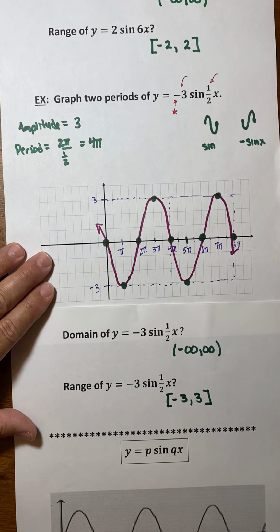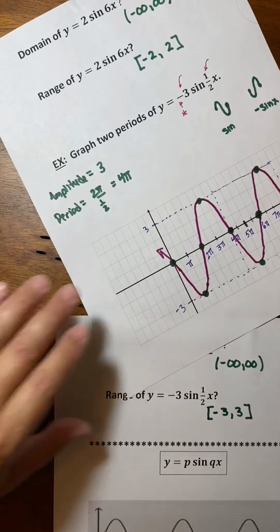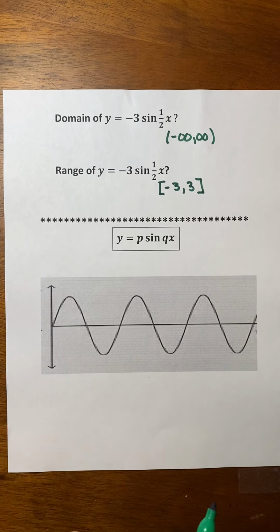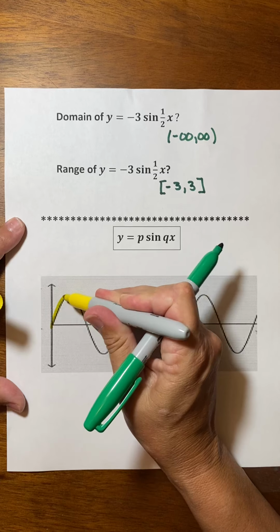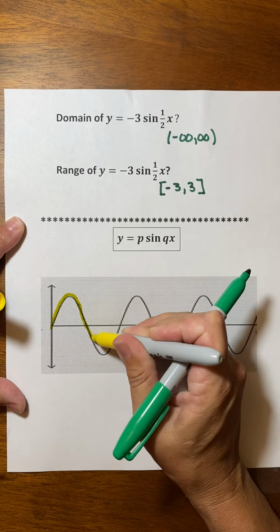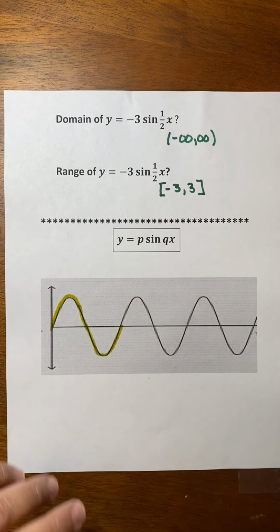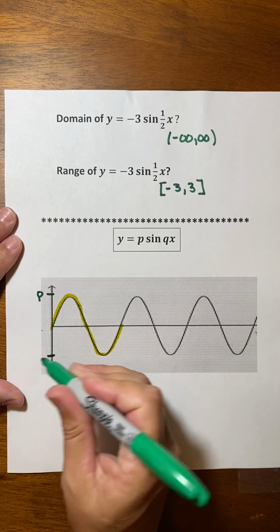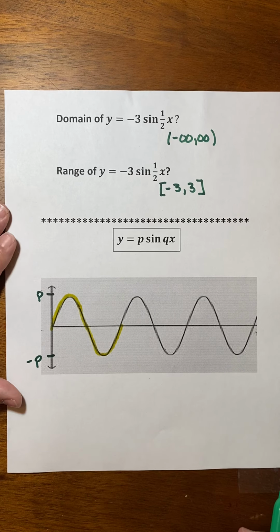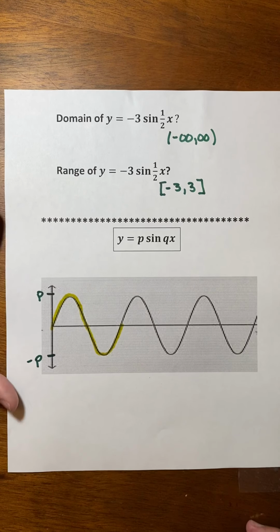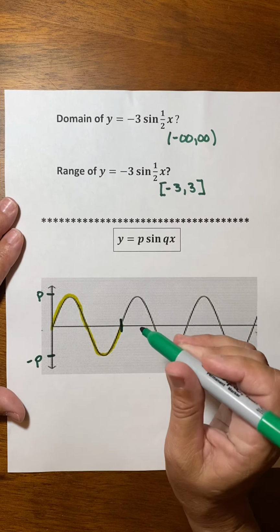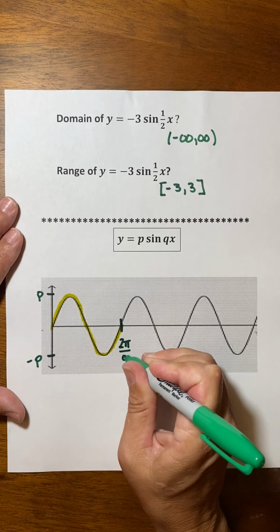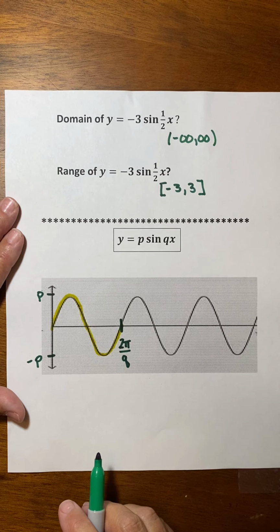All right, so let's just see if we can generalize this. Here's a sine wave. This is 1 period. It maxes out at P, and it reaches its low point at negative P, or flipped if it's negative. 1 period is going to be 2 pi over Q. Right.